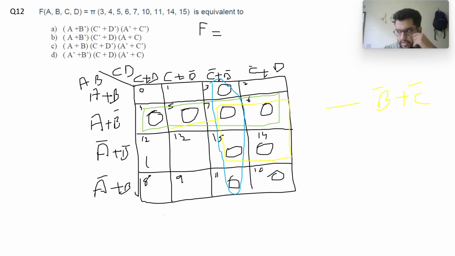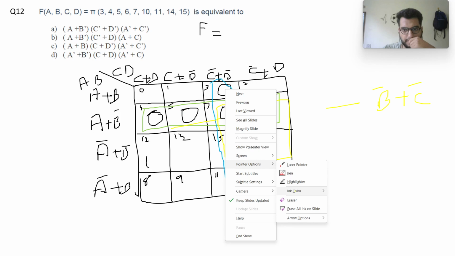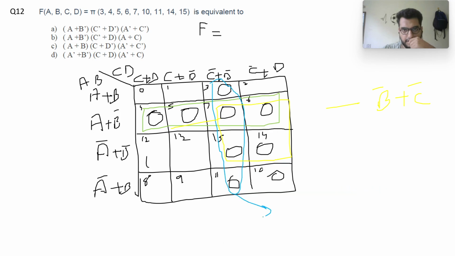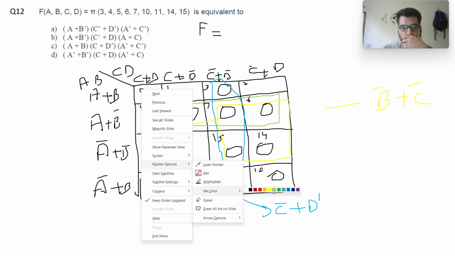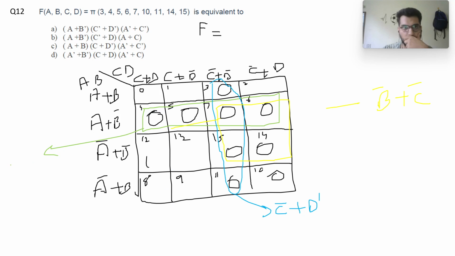Let me just check it here. From this quad, it's C bar plus D bar, and from this quad, it's A plus B bar. Let me check this one again.